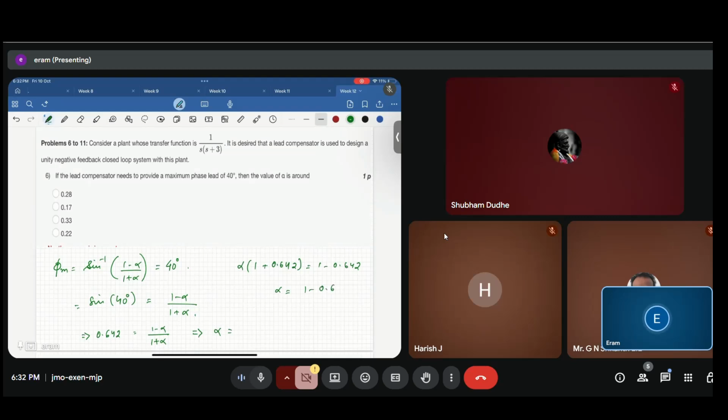So alpha will be (1 minus 0.642) divided by (1 plus 0.642).